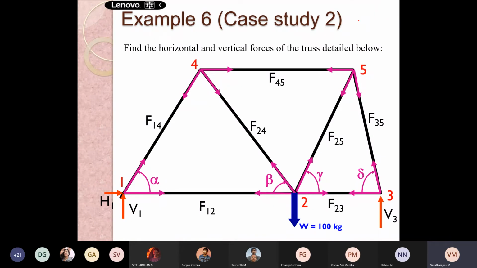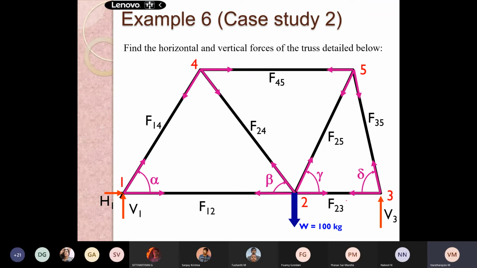And this is the second case study. Find the horizontal and vertical forces of the truss detailed below. We are having the truss in various structural members. We are introducing the truss in order to carry the loads, and there are various forces acting at different nodes. In the first class itself, I introduced the elements and nodes.